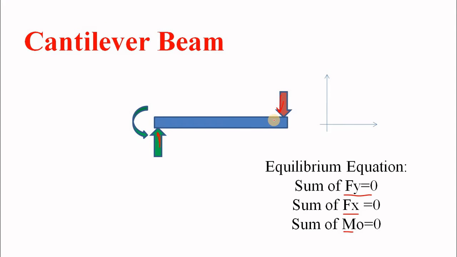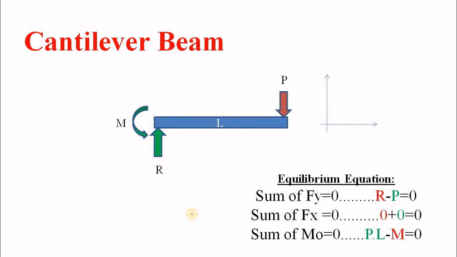So from these equilibrium equations we can find the reaction forces. Let's find them. First one is summation of vertical force is 0. Let's assume that upward force is positive and downward force is negative. This is our axis system. So this is the vertical direction.